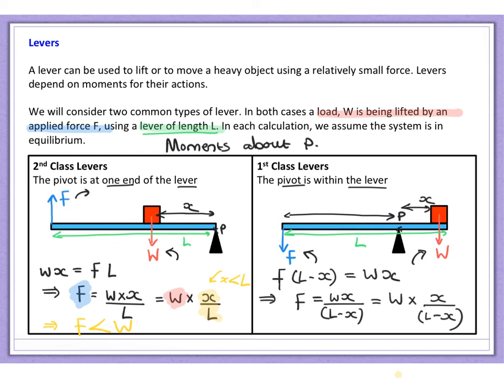And that's the whole point of a lever. It allows you to lift this heavier load by applying a smaller force, using the turning effect of the force, using the moment to help you work.